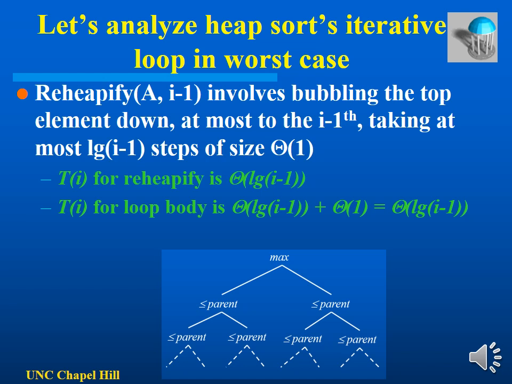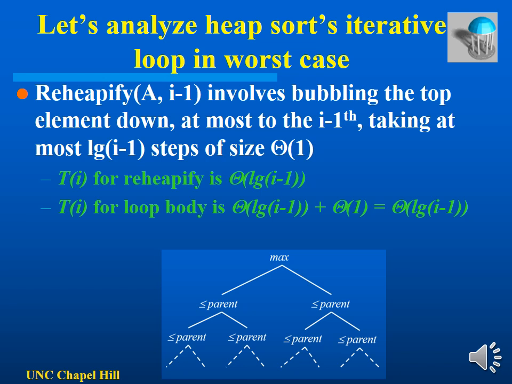That is to say, T of I for reheapify for the ith step is simply proportional to the number of steps. That is to say, it's theta of log of I-1.